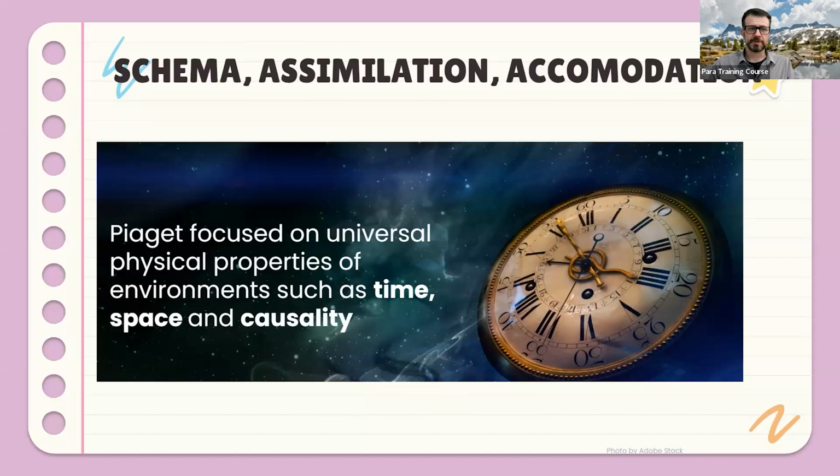Okay, I mentioned we would talk about schema, assimilation, and accommodation. Piaget was focused on universal physical properties of environments. So things that can be found anywhere: India, Canada, Japan, whatever. Time, space, causality, right? Those are all found in all of those places, of course.